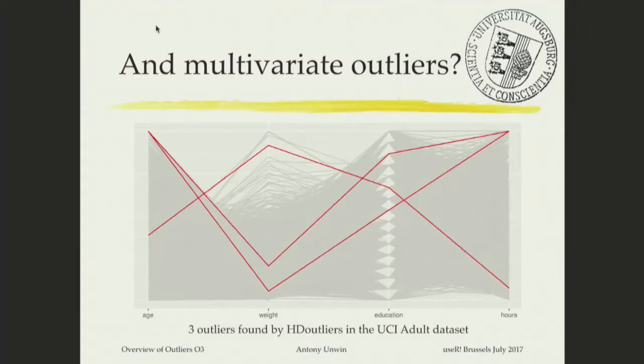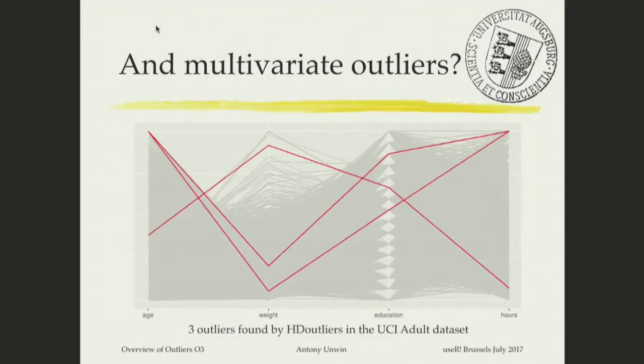This is a parallel coordinate plot showing some outliers found by Leland Wilkinson's HDoutliers algorithm, which is available in R, for the UCI adult data set, which has about 48,000 cases, and you can see the outliers found are 4-dimensional outliers.